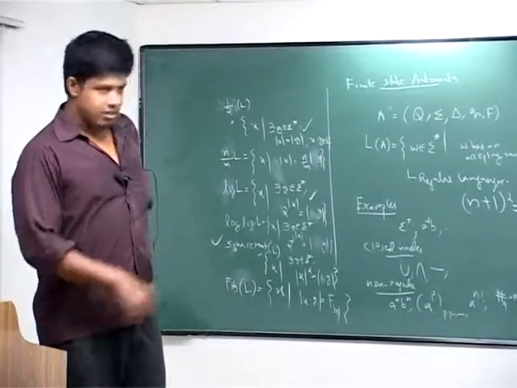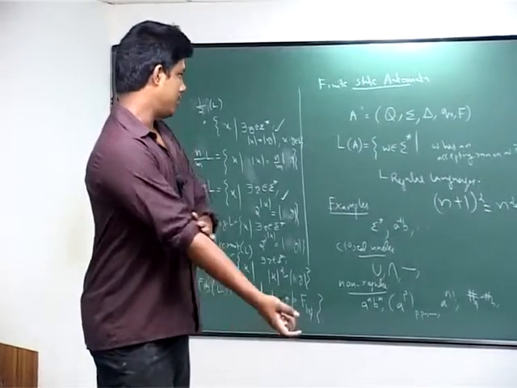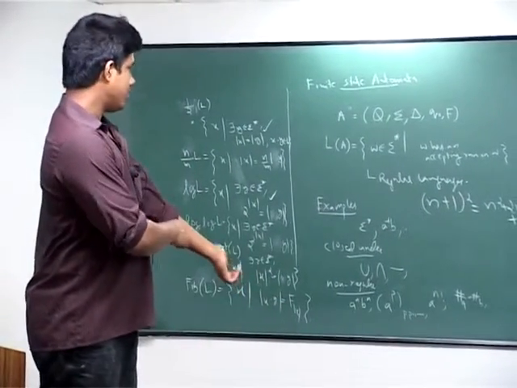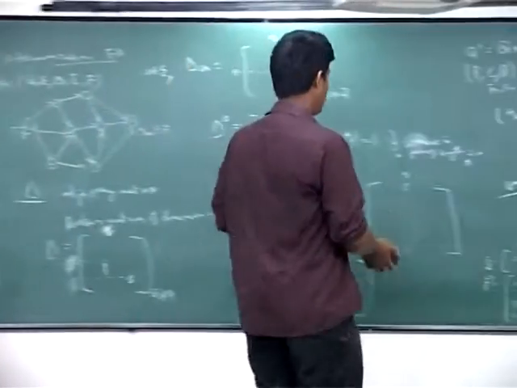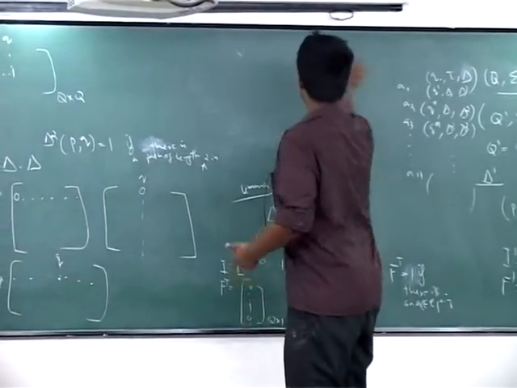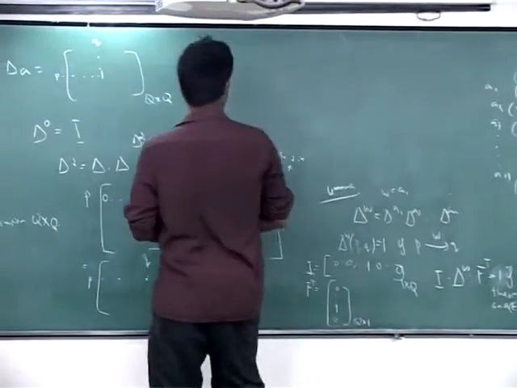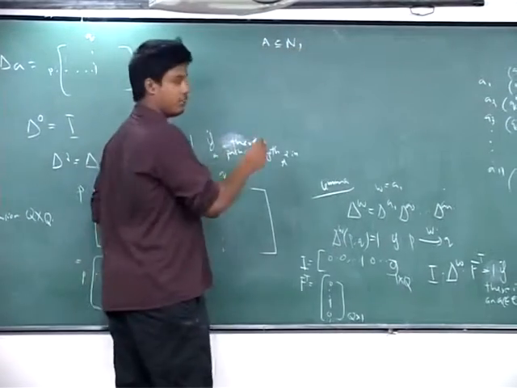In general, this can be summarized into a theorem. Maybe with that I will conclude. So let me just introduce this concept also, and then I'll finish. You know what a periodic set is? Suppose you have a set A, a subset of natural numbers.